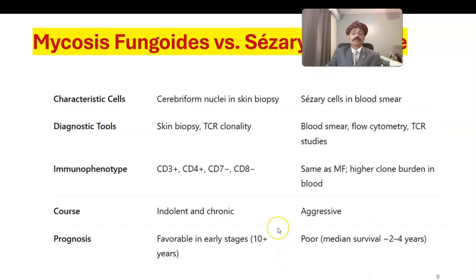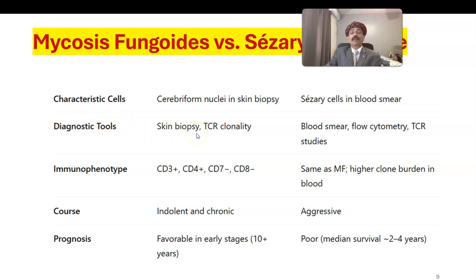The characteristic cell here is cerebriform on skin biopsy, but this type of cell, the Sézary cell, is present in blood smear, maybe in the peripheral blood smear in many cases.